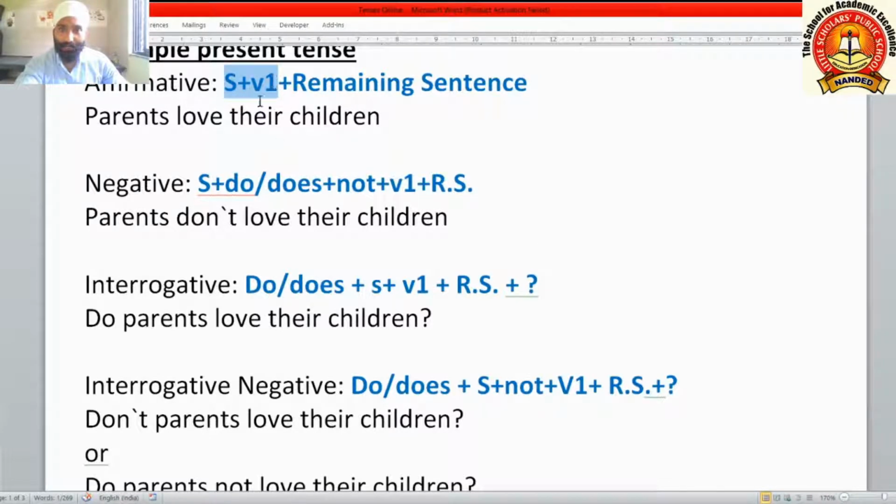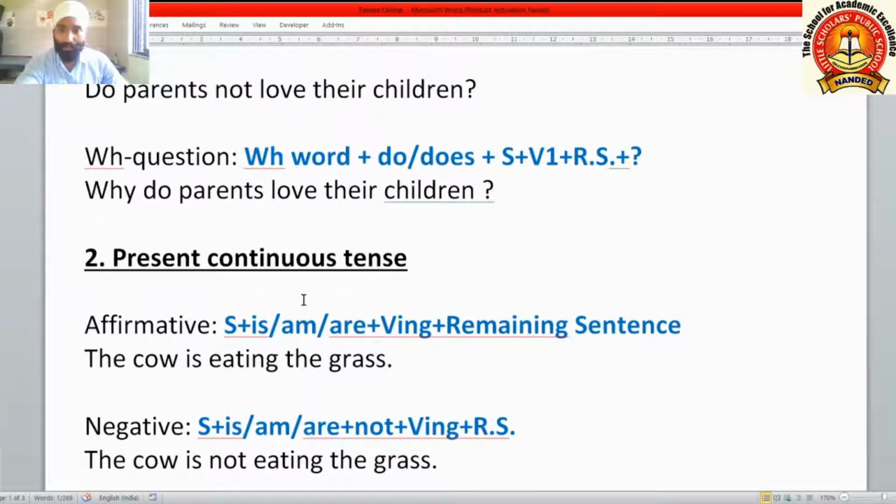Only the verb form is changing between the simple present tense and the present continuous tense. Here it is is, am, are plus the verb with the ing form. Only this form is changing. Everything else is the same. So if is, am, are plus a verb with the ing form comes, you have to identify it as present continuous tense.